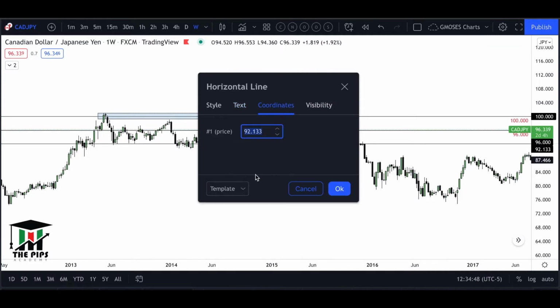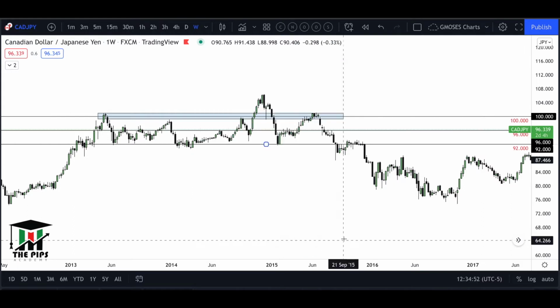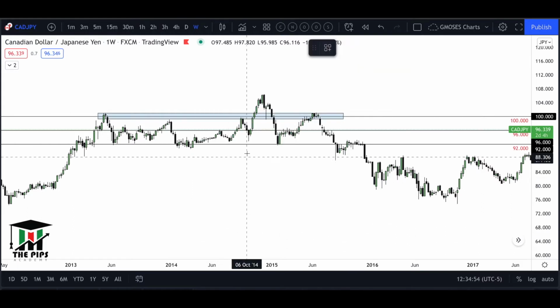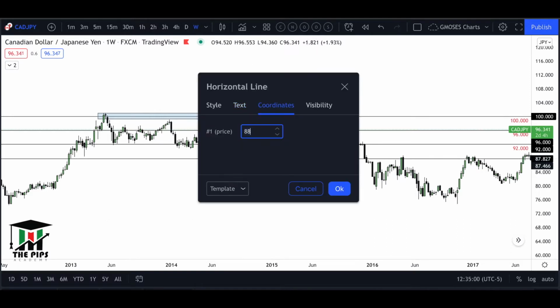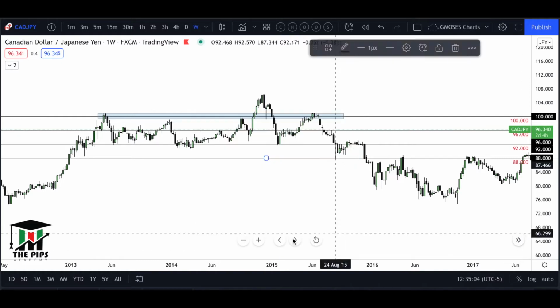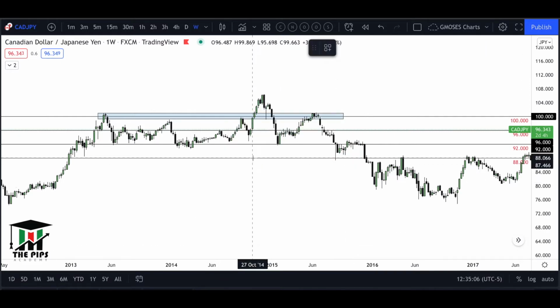And we're just literally following the numbers that the weekly time frame is actually giving us. Let's go ahead and do 88. And we'll do one more. We'll do 84.